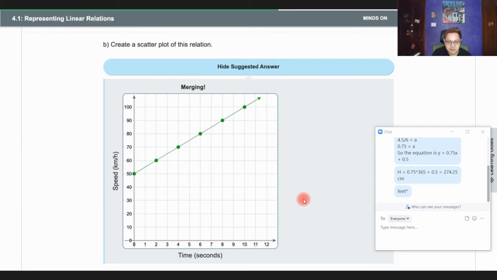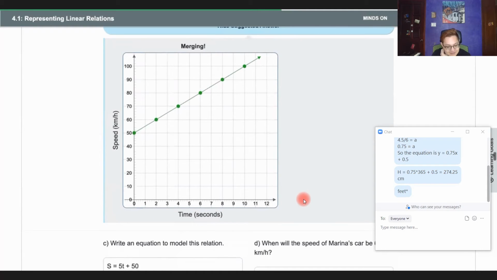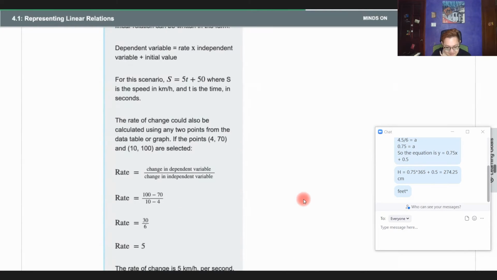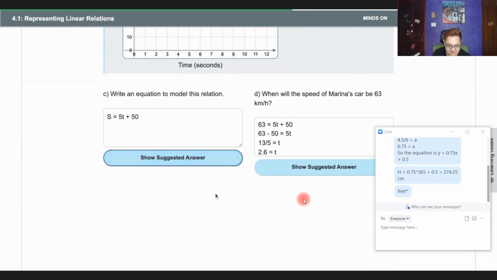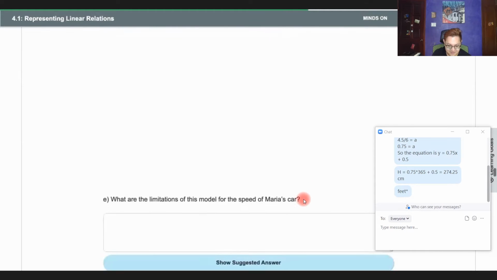It should be hour and then kilometer per hour. Anyway, let's just move on.